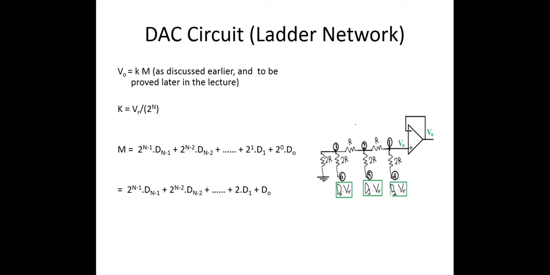And this is the standard equation for conversion of a binary number into a decimal number. The circuit shown here is for a 3-bit digital to analog converter, but the concept can be extended for an n-bit converter, and the circuit will be shown at the end of the lecture, inshallah.